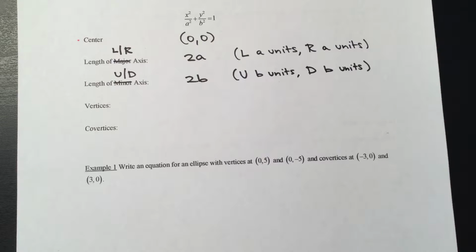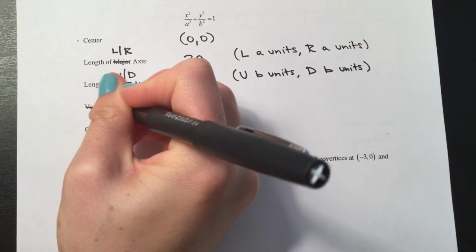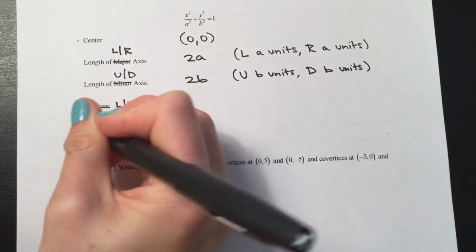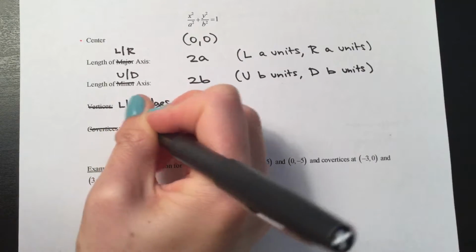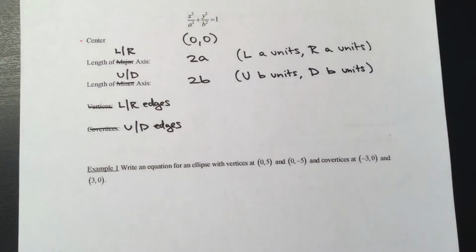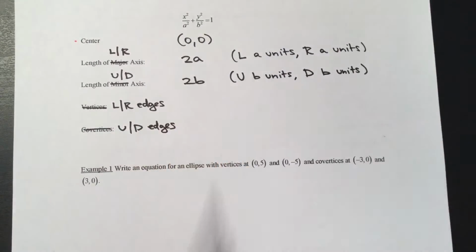And then the vertices, that's going to be the top and bottom points, kind of the edges. All right, so instead of vertices, let's change this to the left and right edges, and then the up and down edges, the far edges of those ellipses. So left and right, you're starting at the center and you're going A units left and A units right.